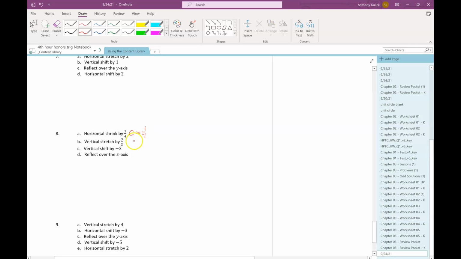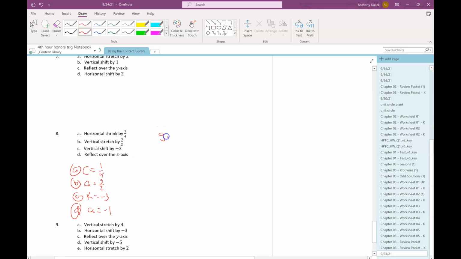Vertical stretch by 3/2 tells me the A is 3/2. Vertical shift by -3 tells me k is -3. And reflecting over the x-axis tells me a is -1. Are you okay with that much, Natalie? Okay.